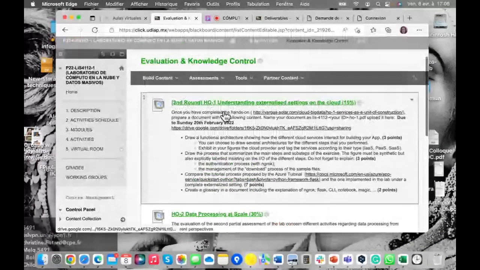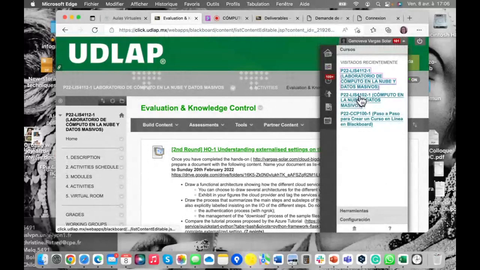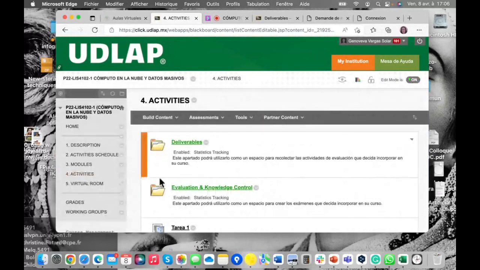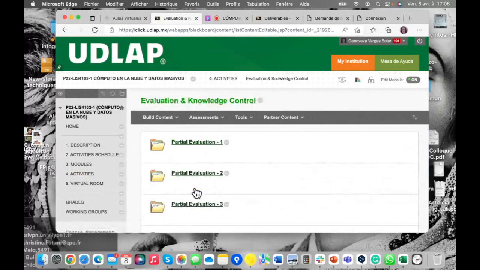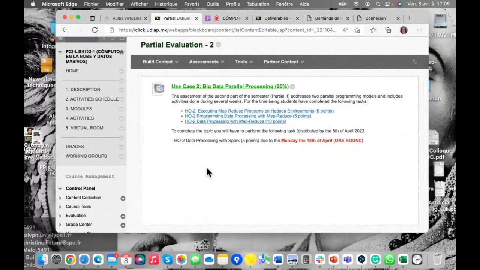So that's for the lab, and then for the regular course. So partial 2, again, it's 25 points worth, and you have already done the execution of MapReduce programs on Hadoop environments.